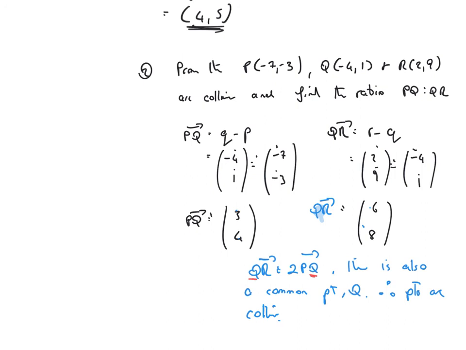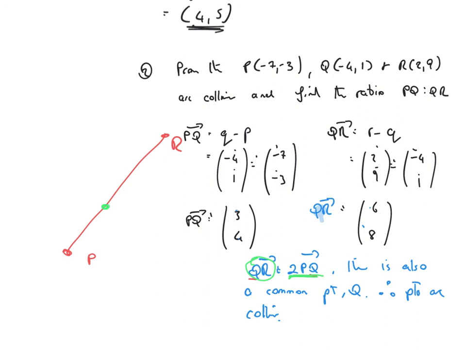So what I'm going to do then is put an illustration as to what might be going on here. It's always good to have a diagram. Let's say that's P and R. What we can see then is quite clearly the vector QR is double the vector PQ.